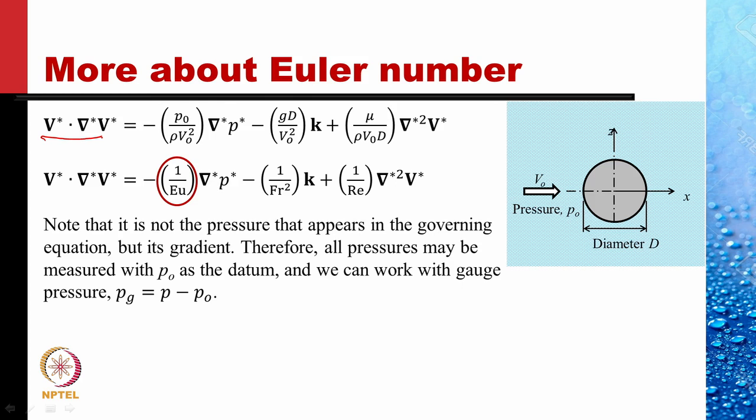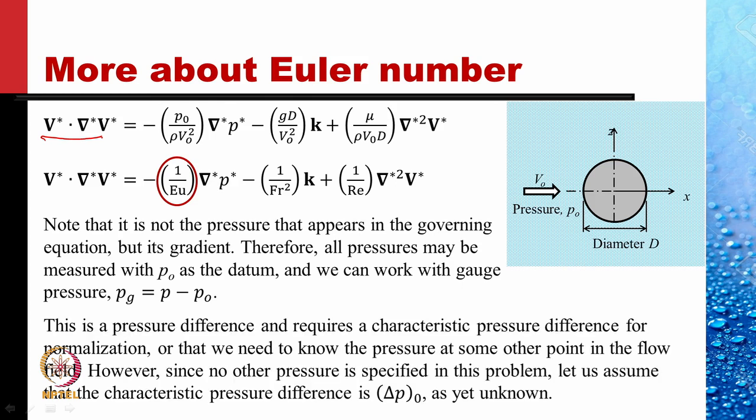We can work with the gauge pressure Pg defined as P minus P0. This pressure difference requires a characteristic pressure difference for normalization, or we need to know the pressure at some other point in the flow field.